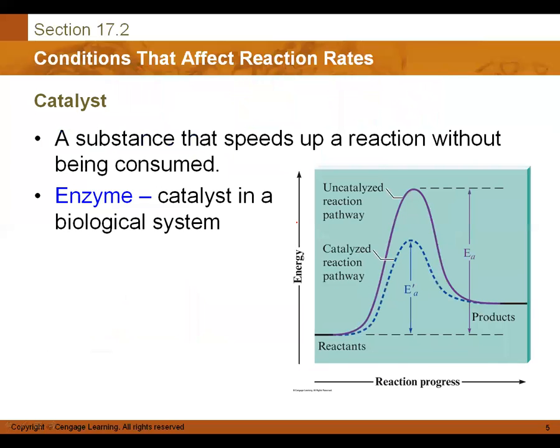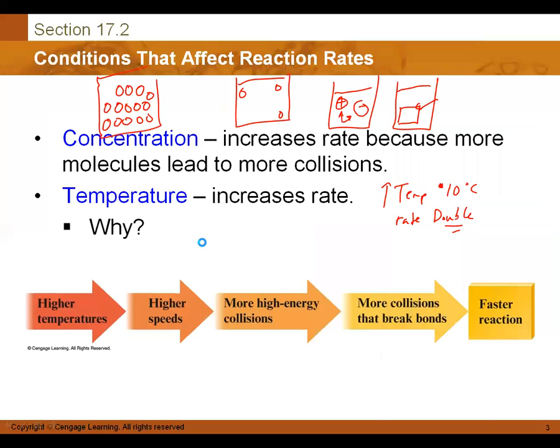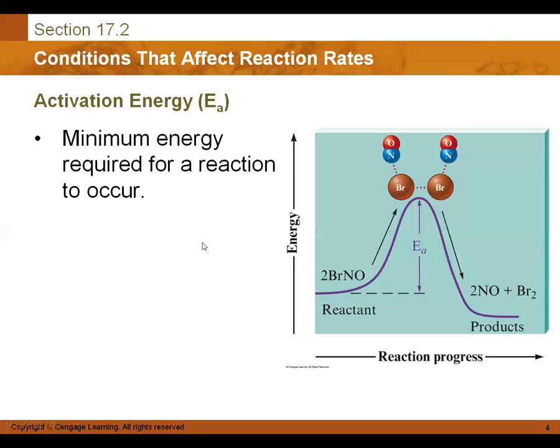So let's talk about this process of energy and reactions that occur. We can look at some energy diagrams here. Just to remind everybody, there's a couple different types of energy diagrams you will sometimes see.